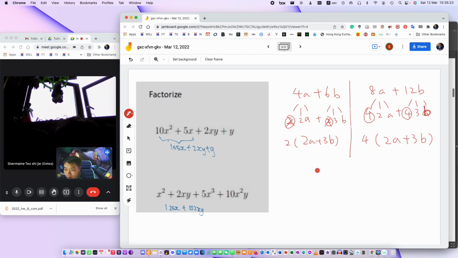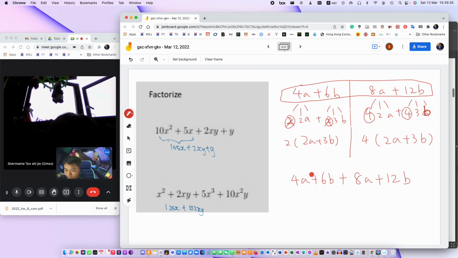Now, what if I combine these two together? Can you see I combine these two questions together? Okay, good. So if I combine these two questions together, that means this one and this one is the answer.